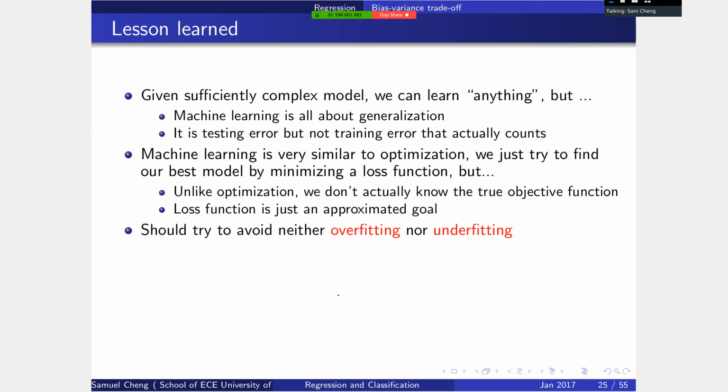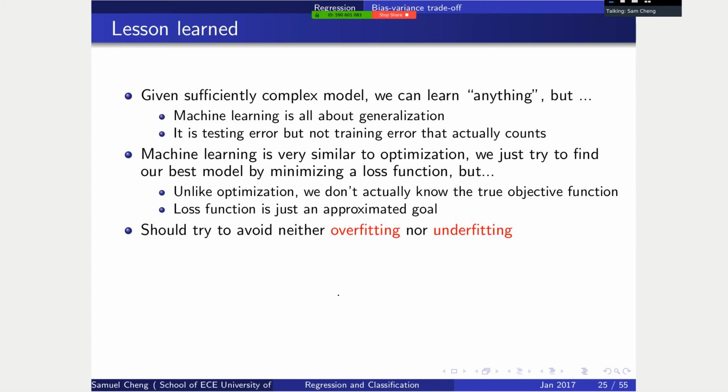But how to solve that optimization problem is another story. Most of the time, as he just mentioned, it's just gradient descent, because very few models, except for these classic toy problems, have an exact solution where I can just write down the closed form solution.